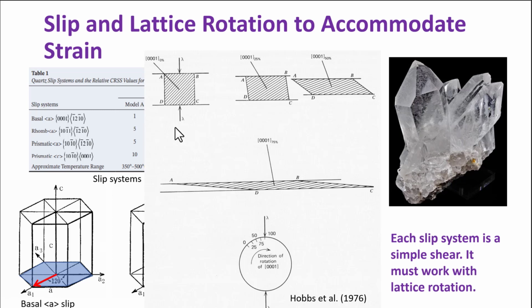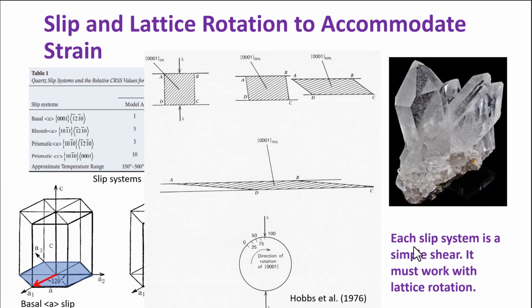As shown here, a crystal, A, B, C, D, accommodates vertical shortening by slip on one slip system. As the slip takes place, the crystal direction perpendicular to the slip plane must rotate clockwise.